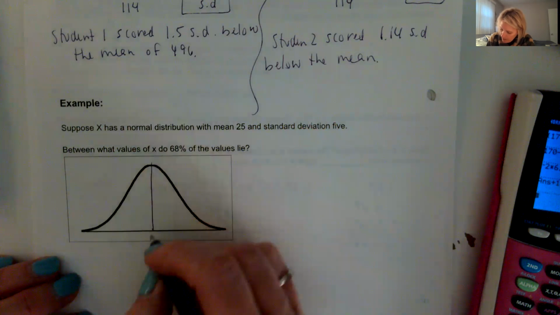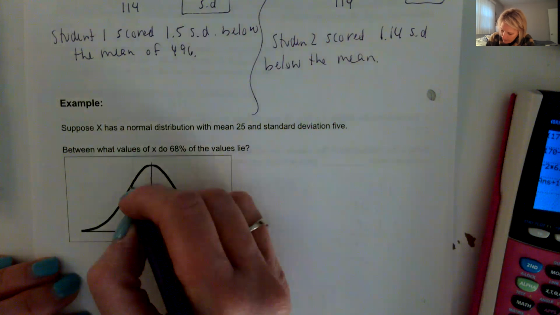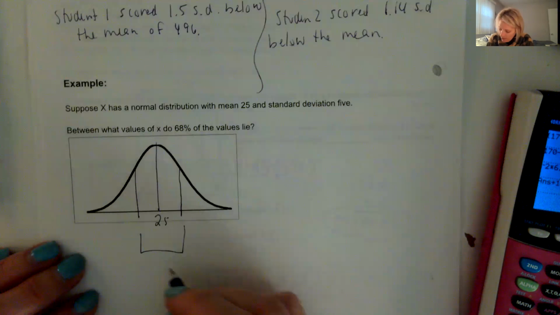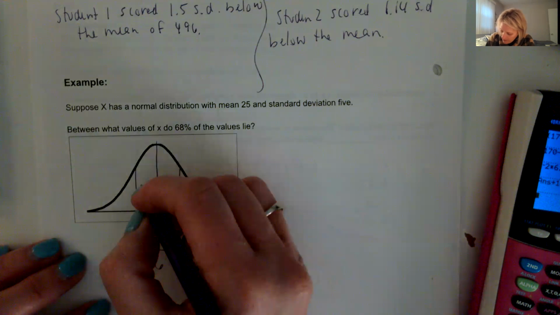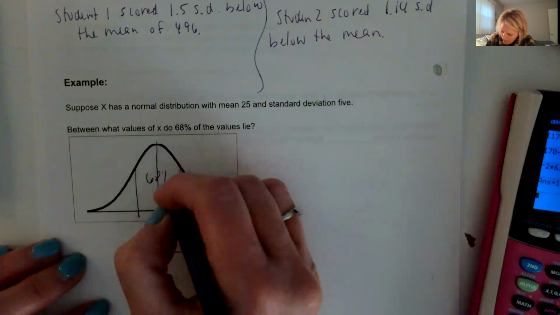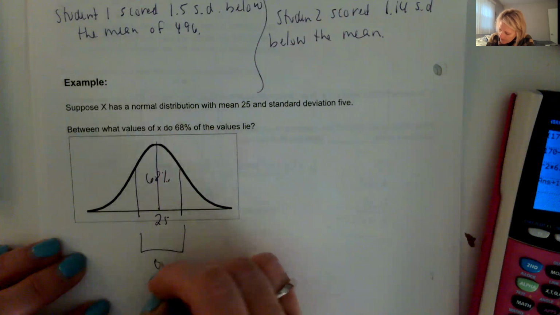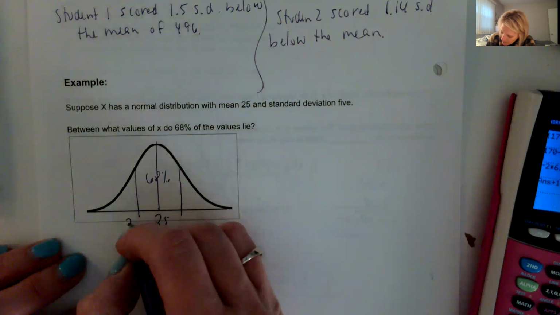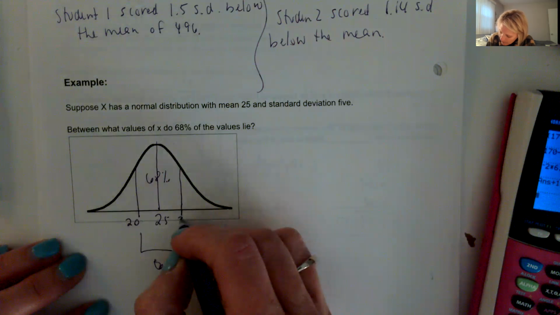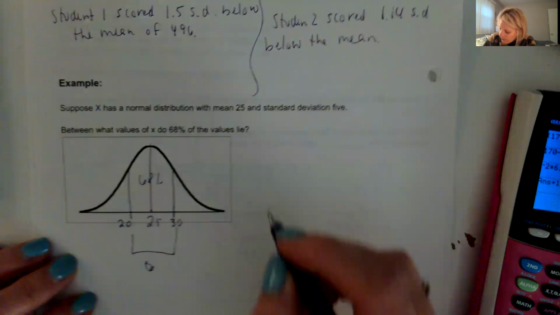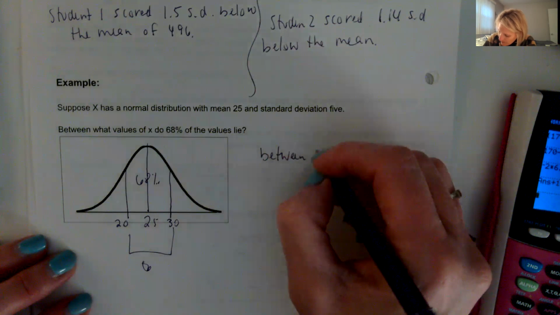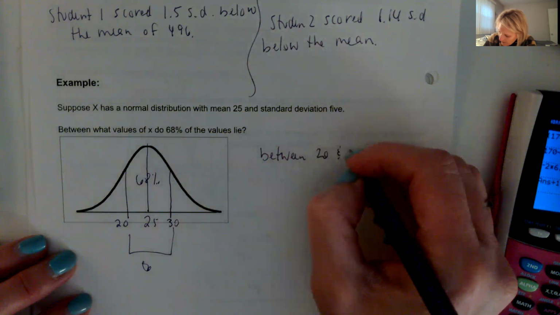So if we know our mean is at 25, those values fall in between. And so that would be subtracting 1 standard deviation, so 20, and adding 1 standard deviation, so 30. So between 20 and 30.